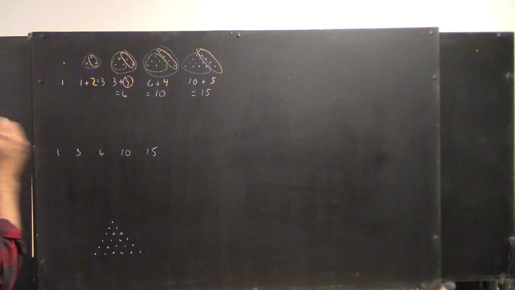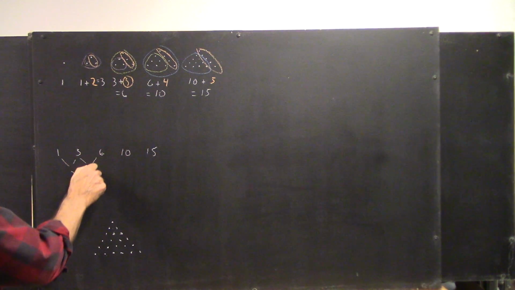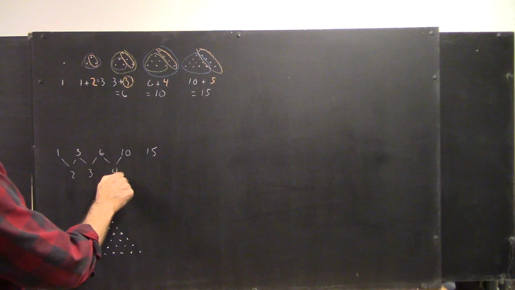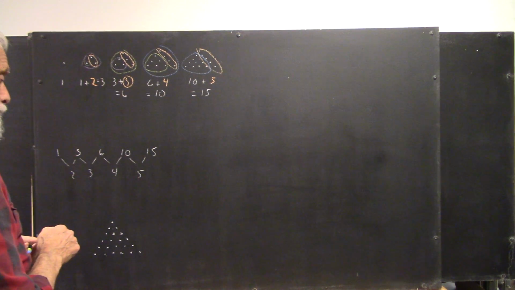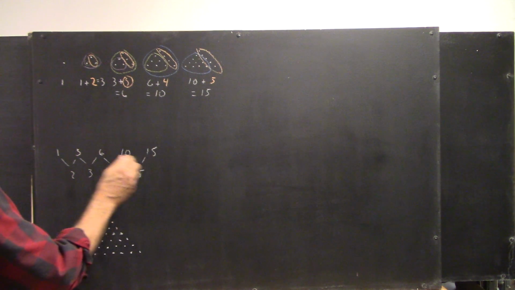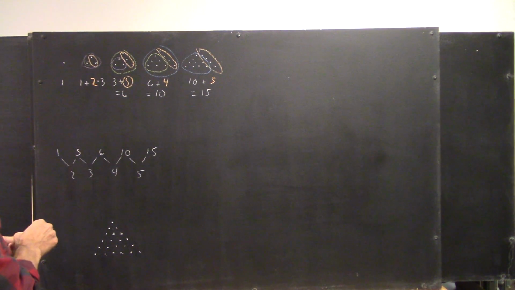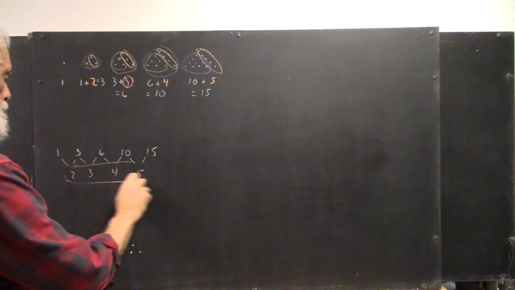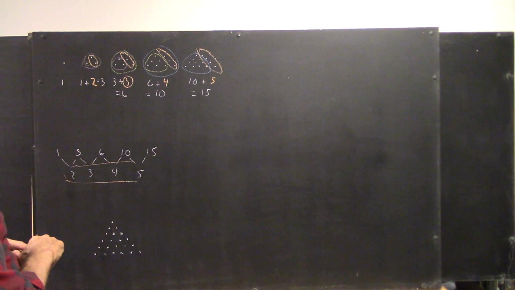How would we continue this pattern? Well, if you just had this pattern, you would probably do the differences, and you probably wouldn't even have to write them down. It's clear that the differences go 2, 3, 4, 5. And of course that corresponds to what? These numbers correspond to the numbers we added here, so that these numbers correspond to the added numbers, and these correspond to the old numbers.